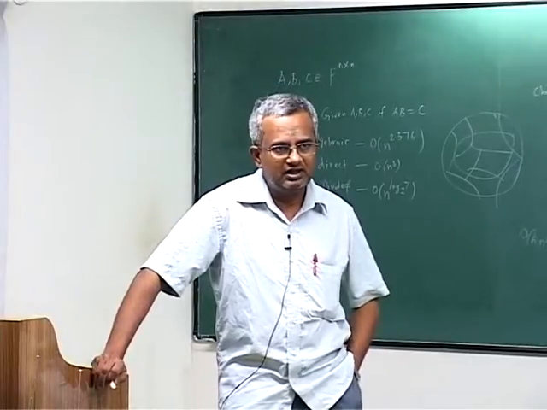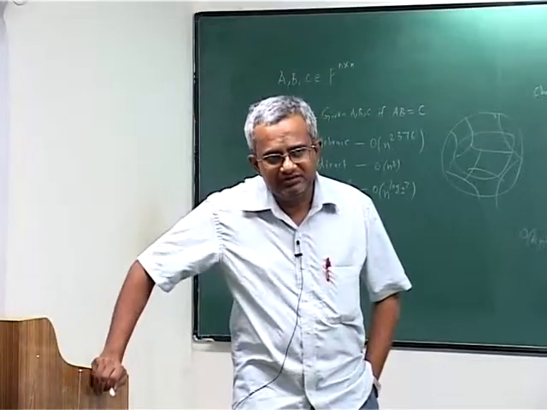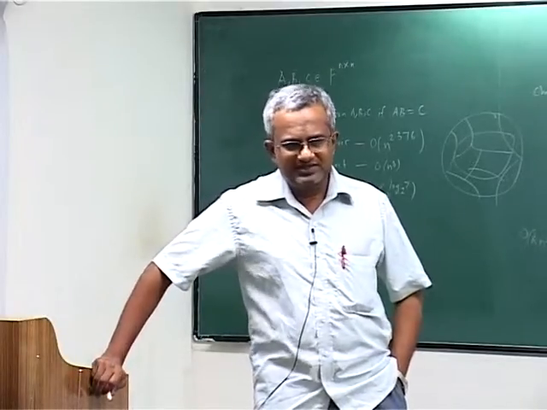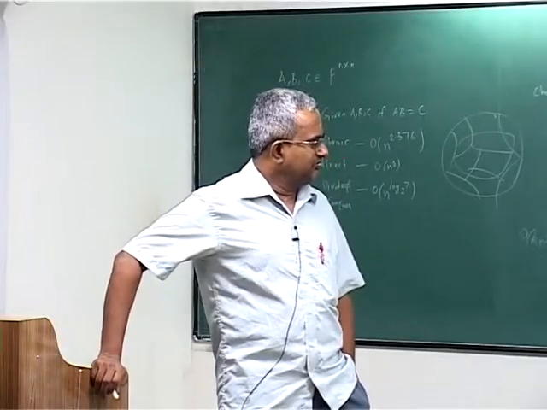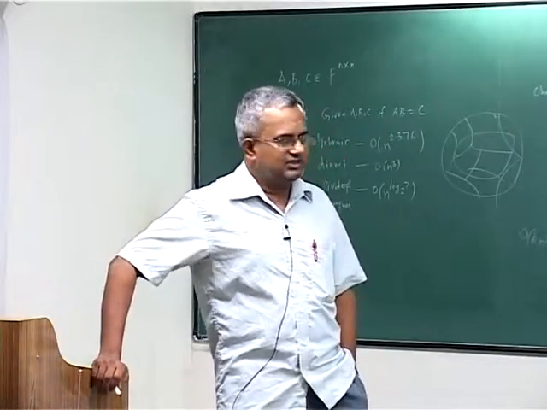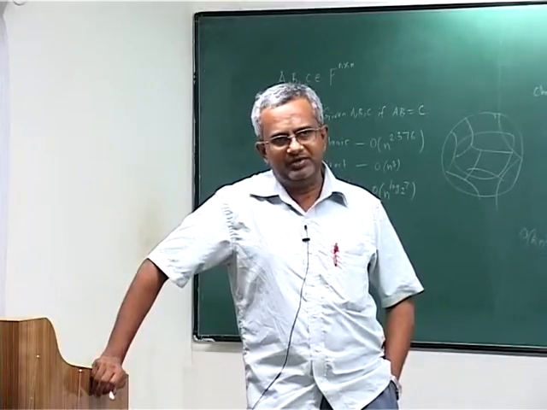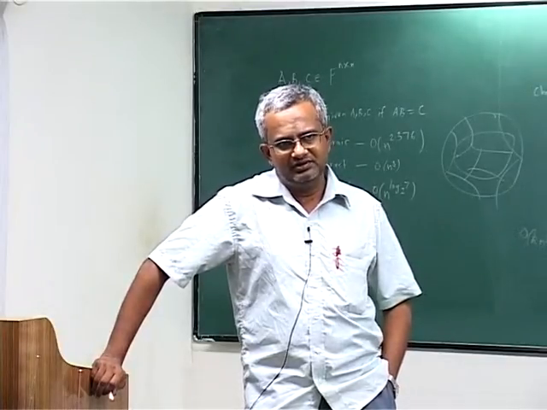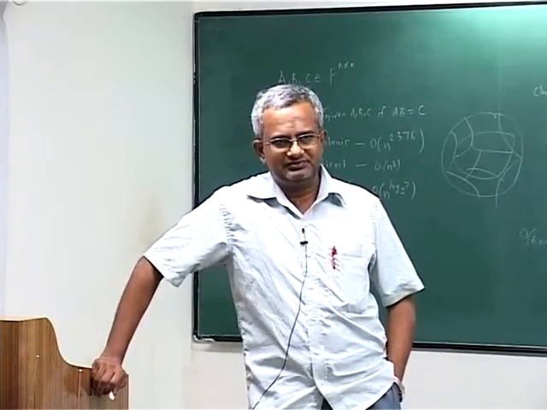Which n by 2? First n by 2. Okay. So, check with the first n by 2. If it equals the first n by 2, then you have to have more than n by 2. So, let us assume that you check with the first n by 2 plus 1.